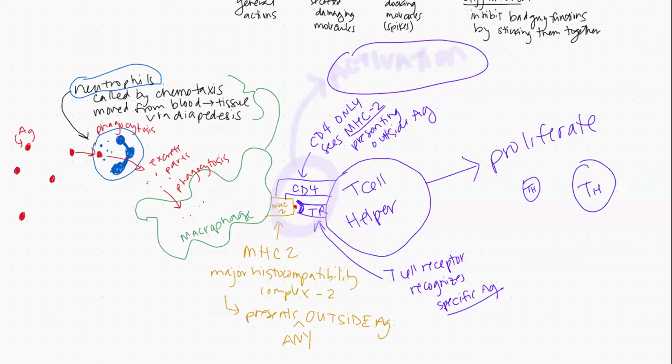Okay. And some of these will turn into memory. Some of these will turn into regulator. And then these will be our effector cells.